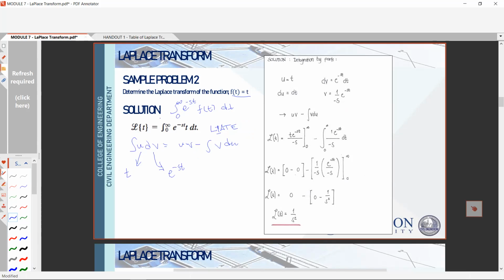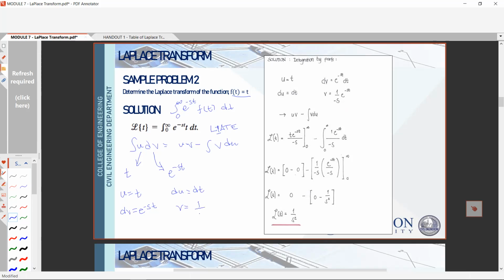So sundan lang natin. Ibig sabihin, yung u is equals to t, and dv is equals to e raised to negative st. Therefore du is equals to dt. And yung v natin is equals din sa e raised to negative st, di ba?